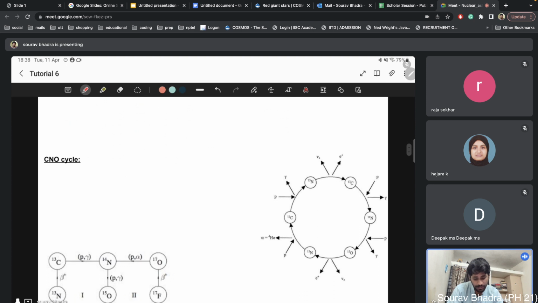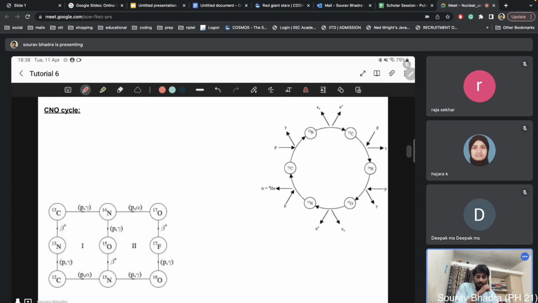Yes, this is the CNO cycle. Helium has formed, and you know that if there is helium, there can be the triple alpha reaction, where alpha means the helium nucleus itself.